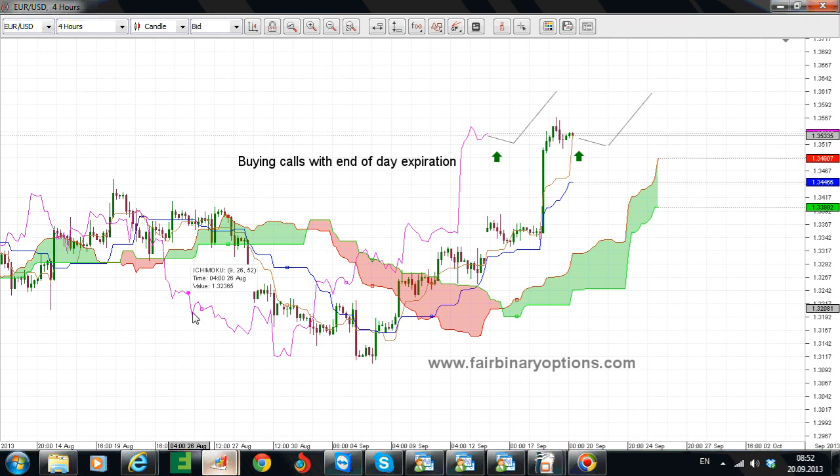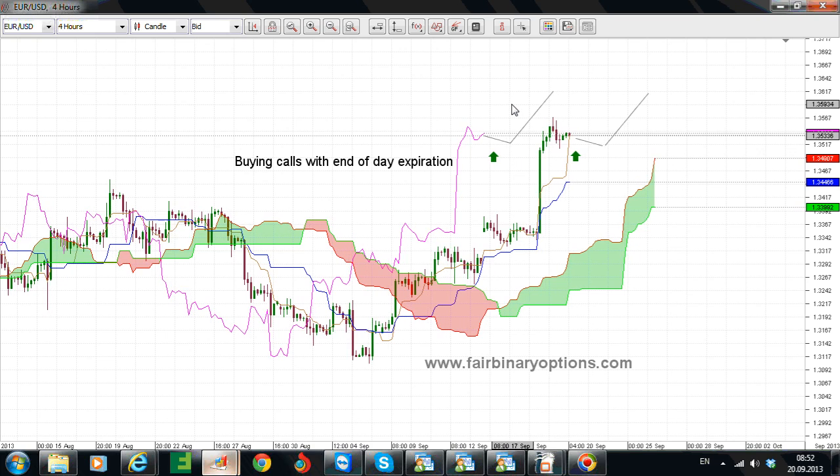The Chinkou was below price, and by the time it is closing in on the candles here, it is rejected and makes a new low. The same we are expecting here: by the time it approaches the candles in front of it, it is rejected to the upside to make a new high. This is how to use Chinkou when you are trading a binary option strategy.